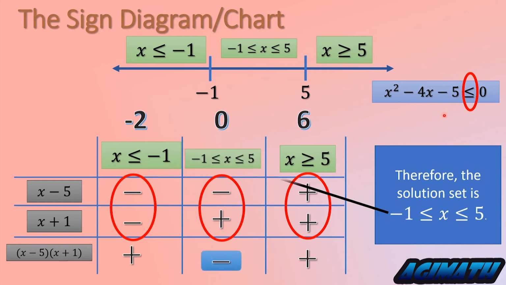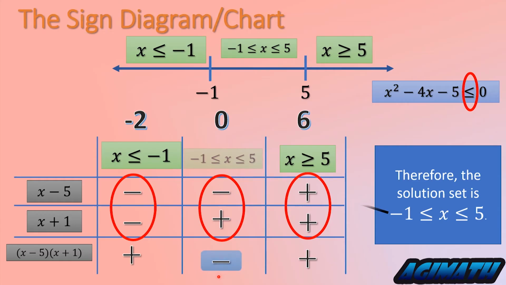So again, how did we come up with this solution? Just look at the inequality symbol being used. If it's less than or equal to or less than, you look for a negative product of your factors. But if it's greater than or equal to or just greater than, you look for a product of your factors which is positive, and that will be the solution.